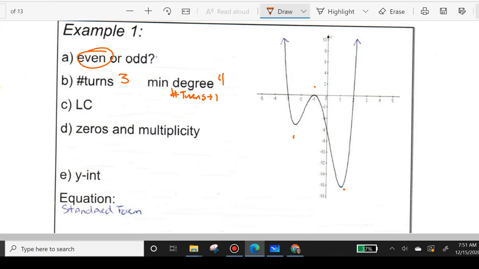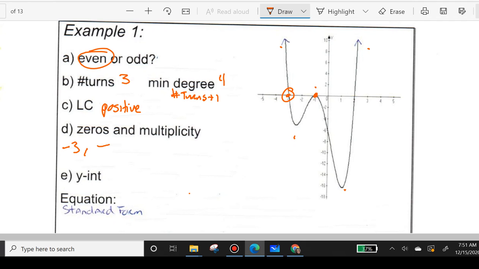Then it says LC, that's my leading coefficient. And here all we need to do from the graph is just indicate whether it's positive or negative. So here, because it's up, up, we know that it was positive. And then I'm asking you for the zeros and the multiplicity. The zeros are here at -3, -1, and 2.